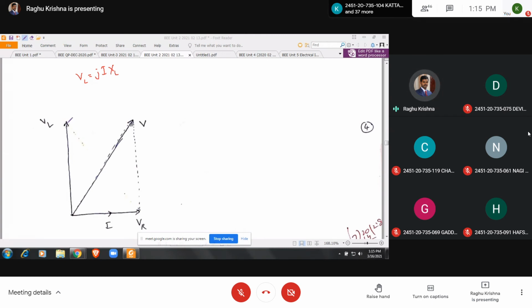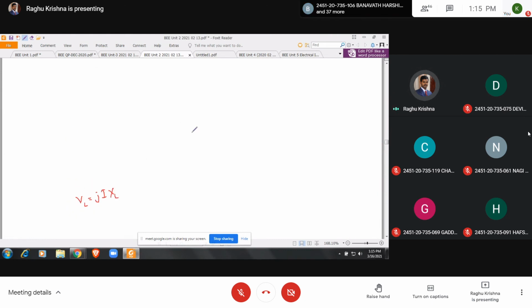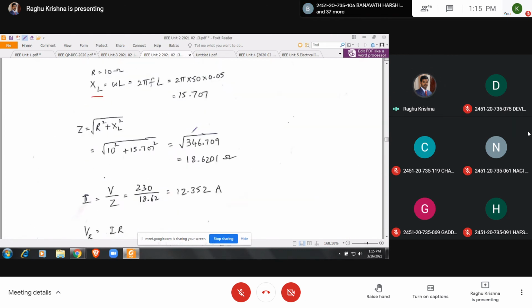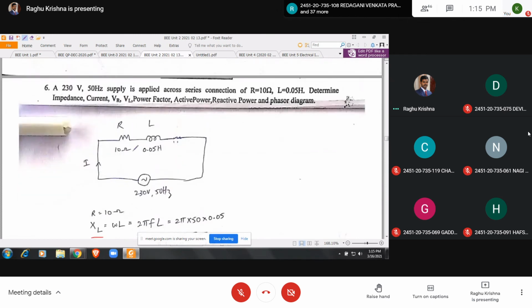So here according to Kirchhoff's law, what about the supply voltage? Supply voltage is equal to the sum of the voltage drops. So if you add these two voltages, you are going to get the supply voltage.